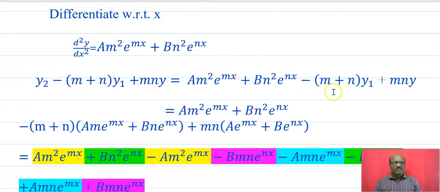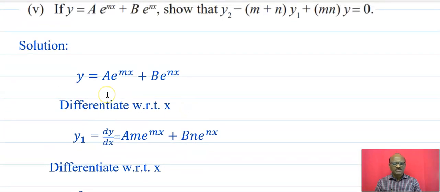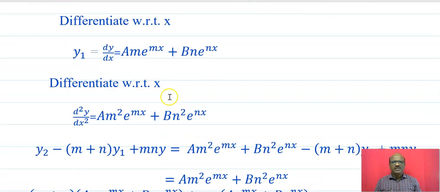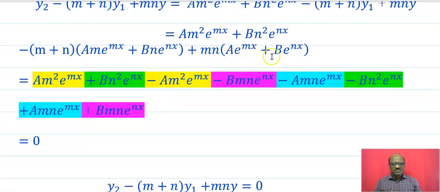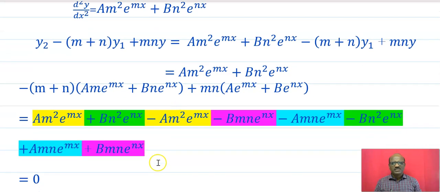This is the value of y1. Then plus mn times the value of y, that is the given question, a into e raised to mx plus b e raised to nx. Now the normal multiplication: a m square e raised to mx and b n square e raised to nx.